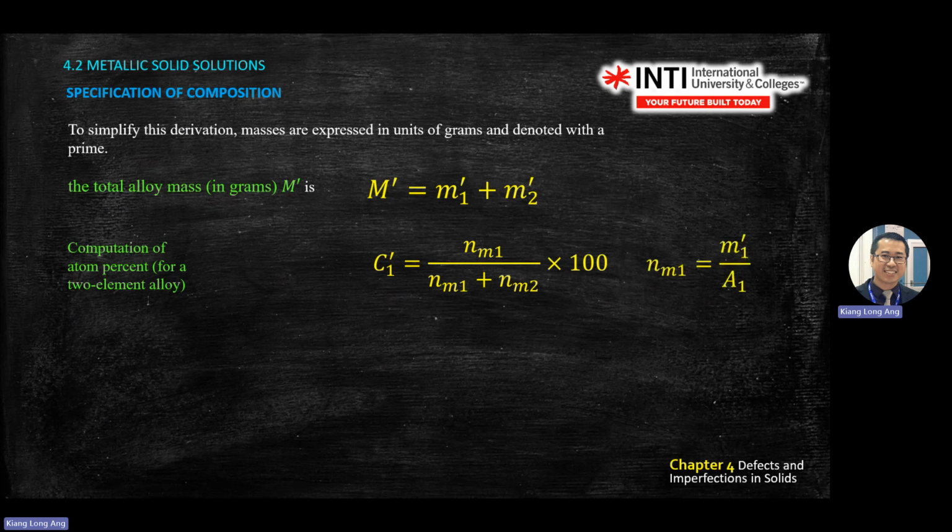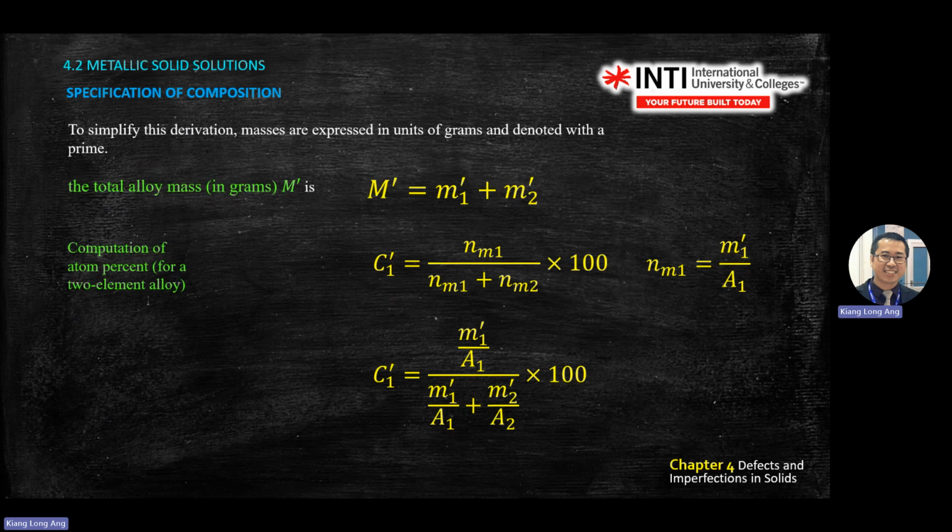So number of mole, you take the mass divided by the atomic weight. So here, you take the Nm, change to M1 divided by Na. You take like this one.